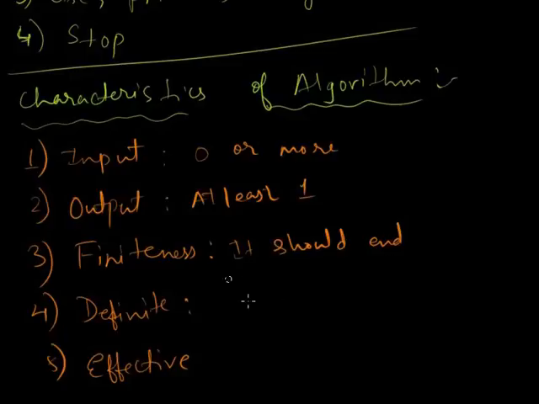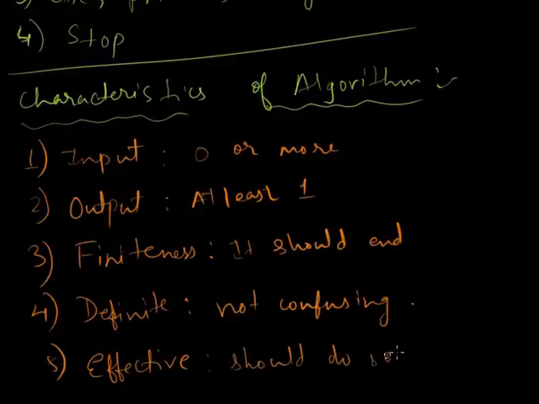They should not be confusing. The last characteristic is effectiveness. The algorithm should be effective. It should do some work. So these were the characteristics of algorithms.